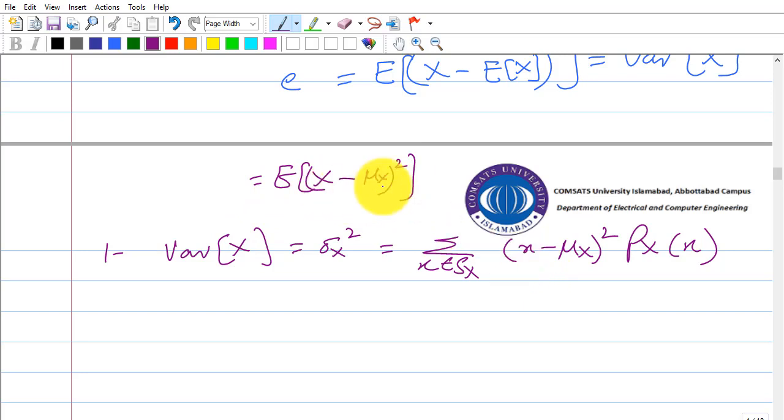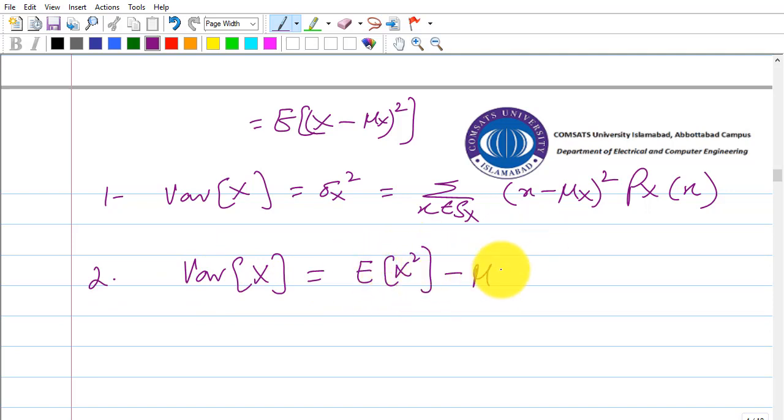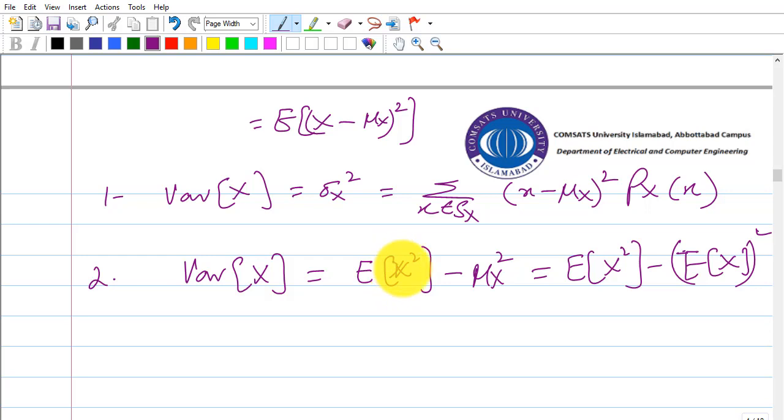That's the straightforward way. The other way is variance of x is equal to expected value of x square minus the square of the expected value of x. Remember, these are different things: one square is on x, so it is expected value of x square, and the other is the square of the expected value.